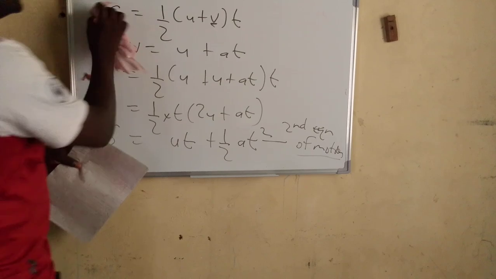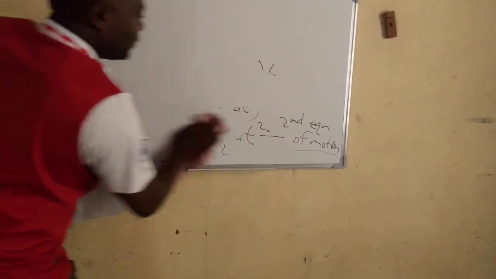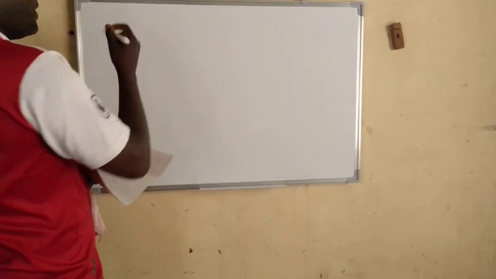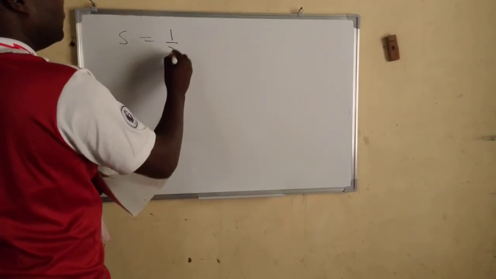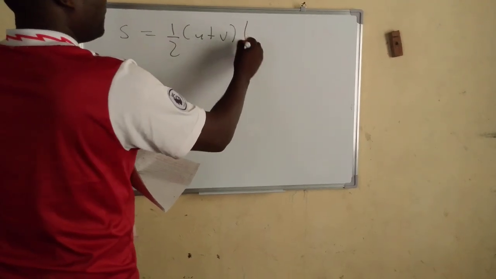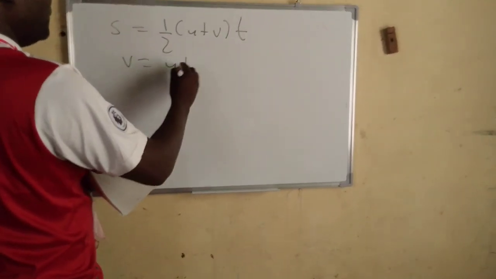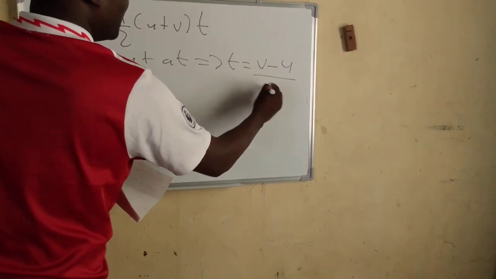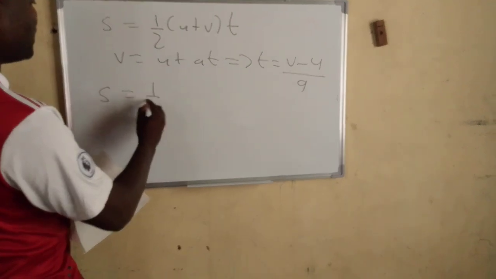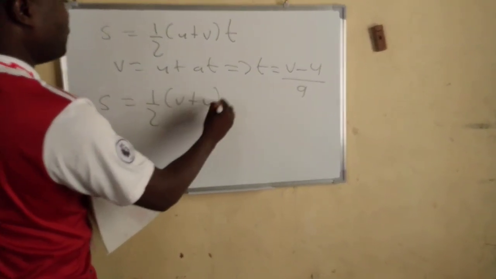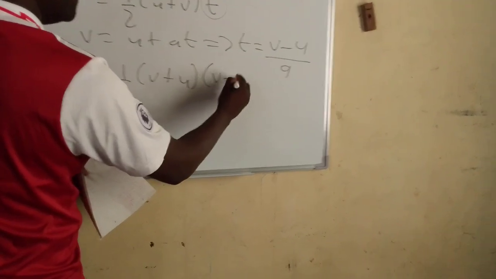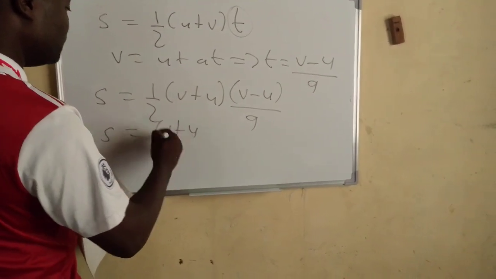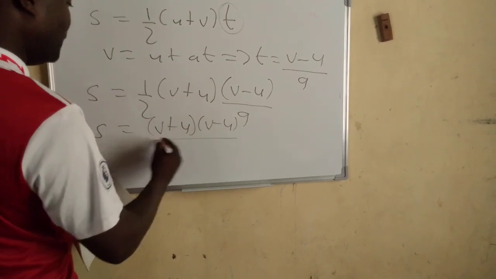Now we're moving on to the third equation of motion. s is equal to half (u plus v) times t. v is equal to u plus at, so t will be (v minus u) over a. So s is equal to half (v plus u) times (v minus u) over a, so s is equal to (v plus u)(v minus u) over 2a.